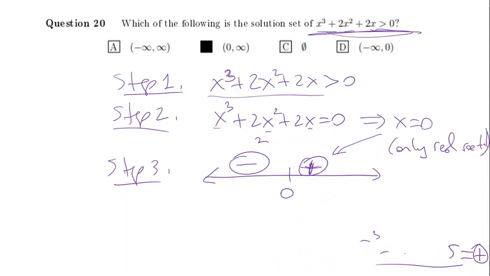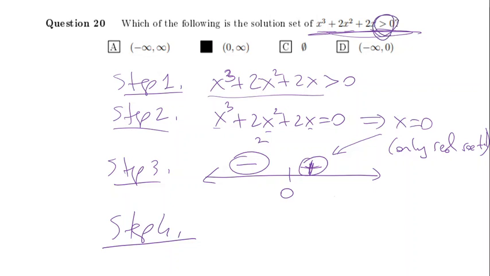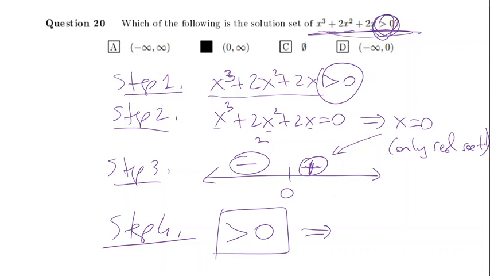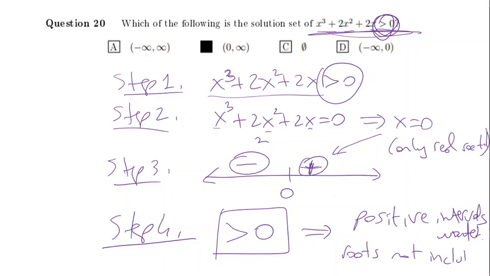Then go to step 4. Step 4 is saying, okay, what is wanted? So look here. It's bigger than 0, so it means positive intervals are wanted, and roots are not included, because we don't have the equality here.